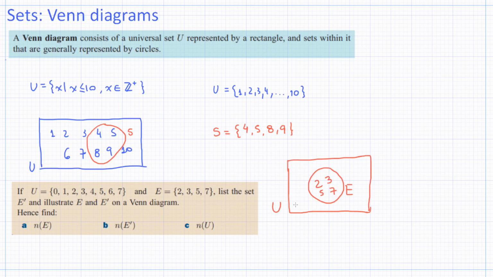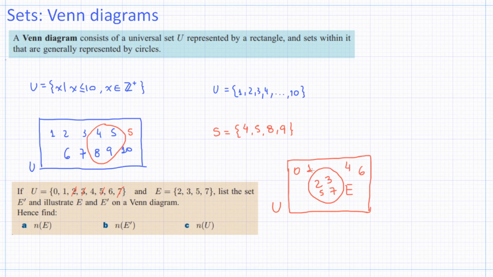Now, which numbers do I have in my universal set which are not in set E? Well, what are the numbers which are here but not here? So I've taken 2, 3, 5, and 7. So what do I have left? Oh, 0, 1, 4, 6, and that's it.